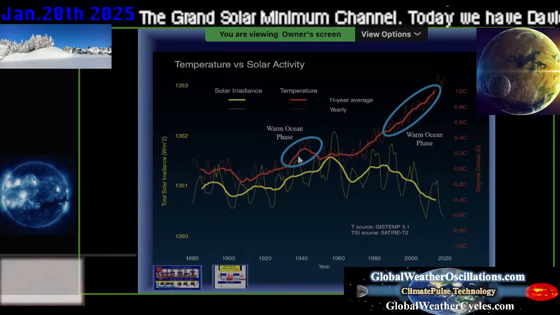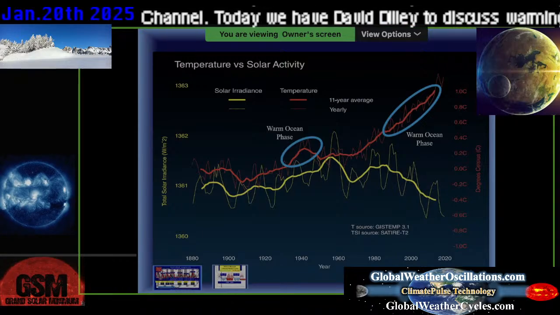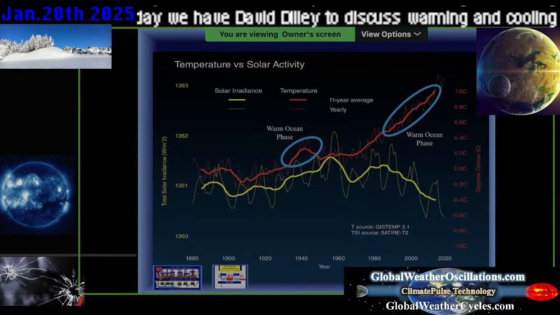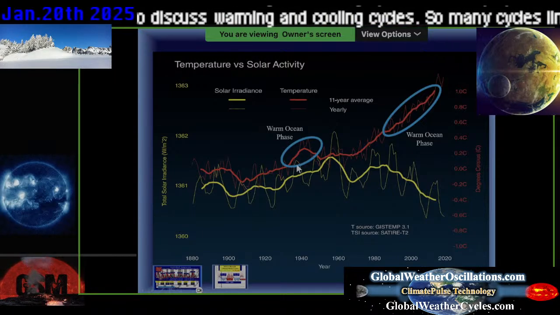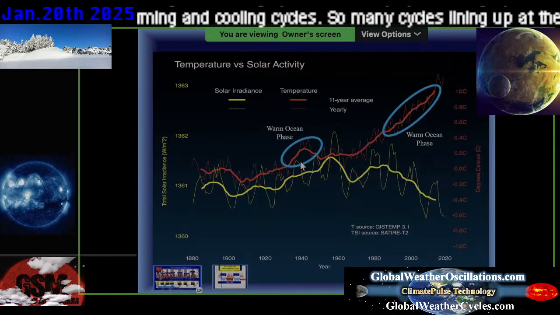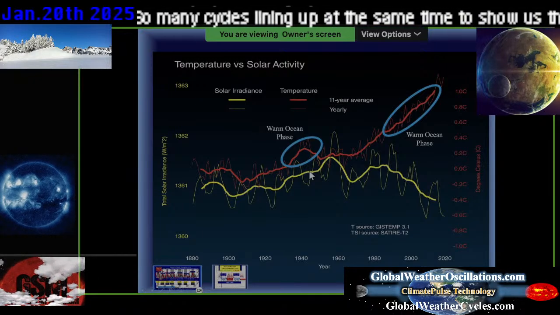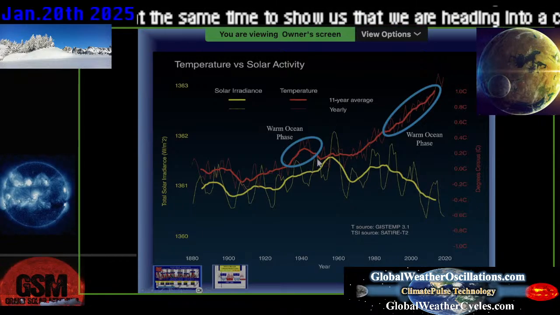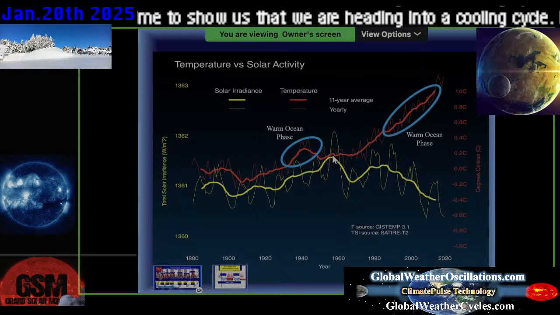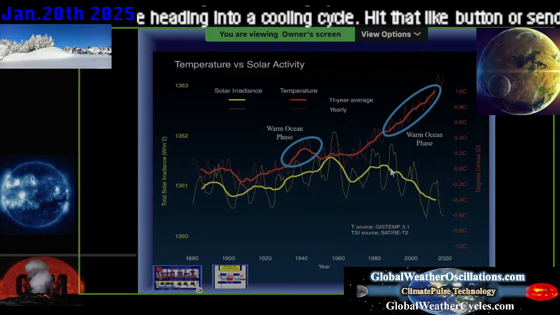Well, that is because both the Atlantic Ocean and Pacific Ocean were in a warm ocean phase. Okay. And I'm going to show you that. So that kind of skewed their data to make it look like it didn't conform with solar cycles. And that is totally untrue. And then it went back again as the water cooled down. It conformed more, started to warm up again with the solar cycle.